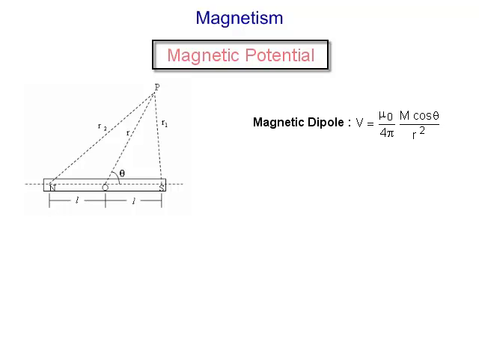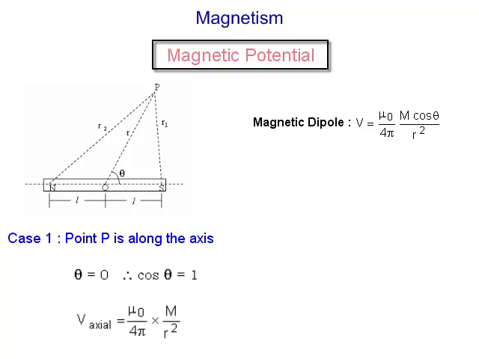Now, there can be two special cases for the magnetic potential also. If point P is along the axis of the dipole, line OP will make angle 0 with the axis of the magnet. Hence, theta is equal to 0 and cos theta is equal to 1. And then we get the formula for magnetic potential at an axial point as mu naught upon 4 pi, m upon r square.